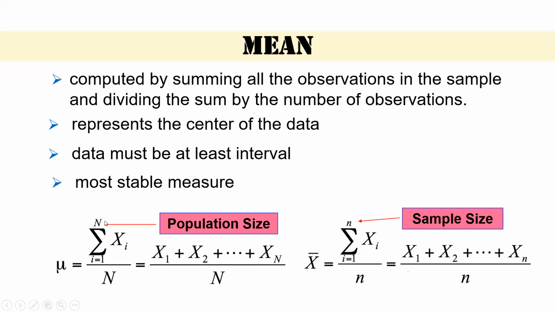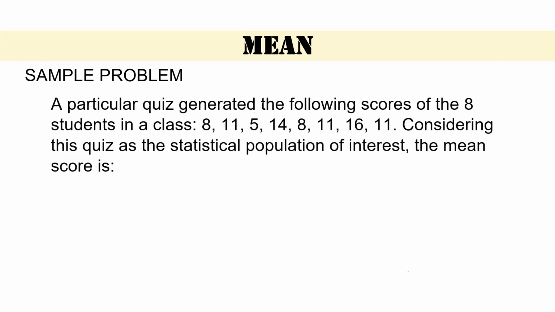Capital N here is the population size, whereas small n here is the sample size. So they just differ in the notation slightly. Considering that the population utilizes the capital letter here, whereas it's just a small letter here. But don't worry about the complicated symbolism because it just means that you add everything and divide by the number of scores.